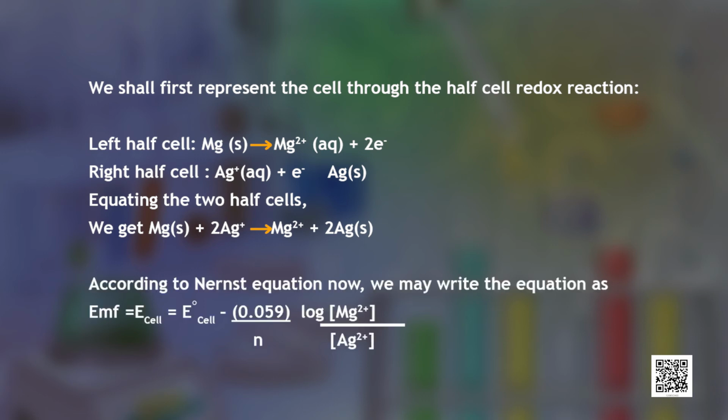According to Nernst equation now, we may write the equation as EMF, E cell, is equal to E naught cell minus 0.059 upon n log concentration of magnesium ions upon concentration of silver ions to the power 2.